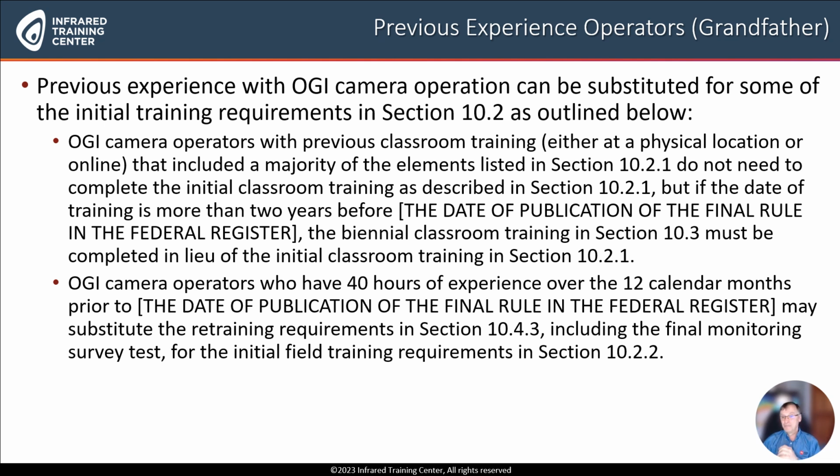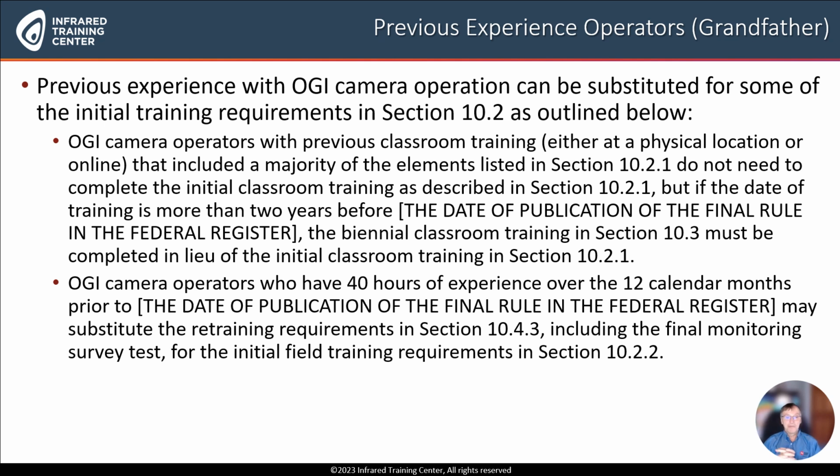And again, the final rule date, I believe, was in early December of this year, but there's still some question as to whether that's the final rule. So again, if you've been doing this for a while, you can skip the initial training, but you cannot skip that biennial training. Everybody has to go through that training every 2 years.